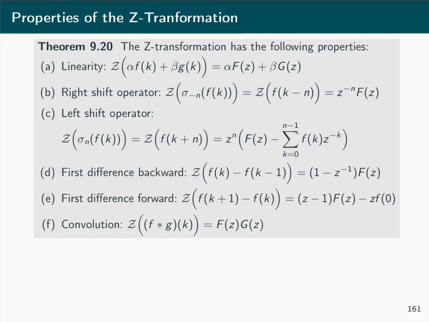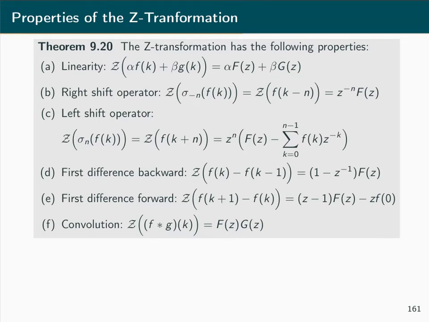Moreover, for the Z-transformation, we have a bunch of useful properties as stated in Theorem 9.20. Namely, A, the Z-transformation is linear, so Z of a linear combination of two functions f and g by two scalar factors alpha and beta is equal to alpha times F of z plus beta times G of z.